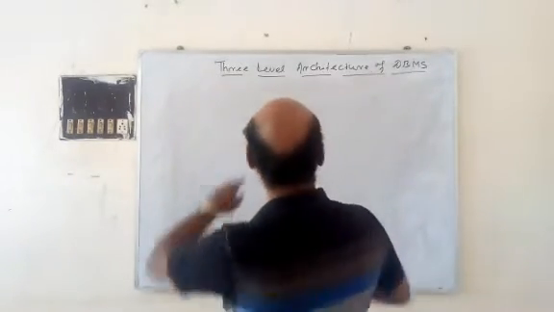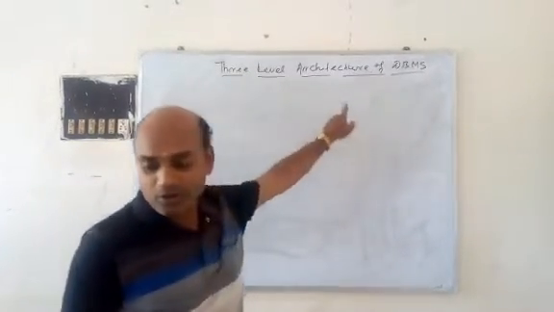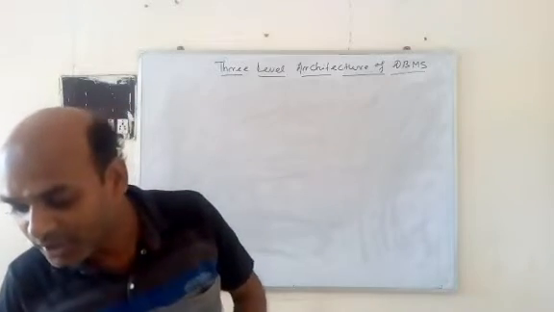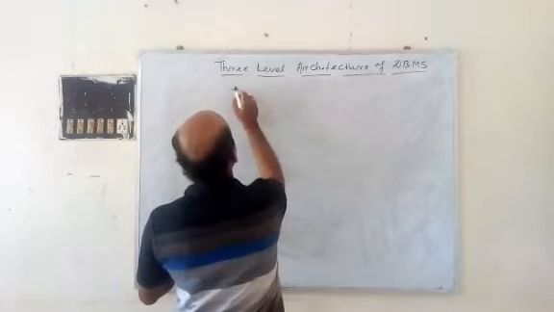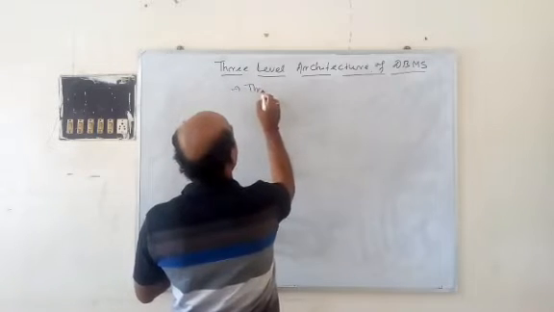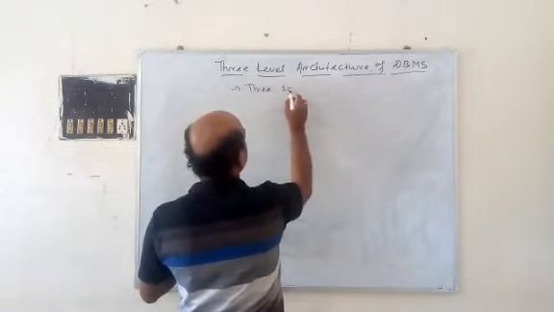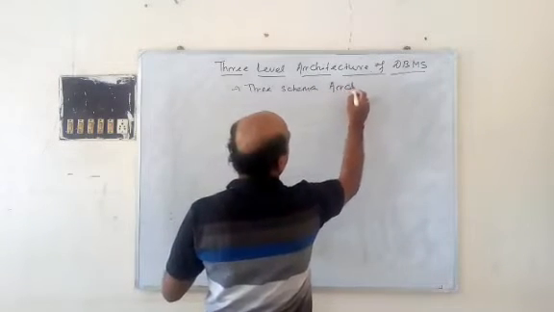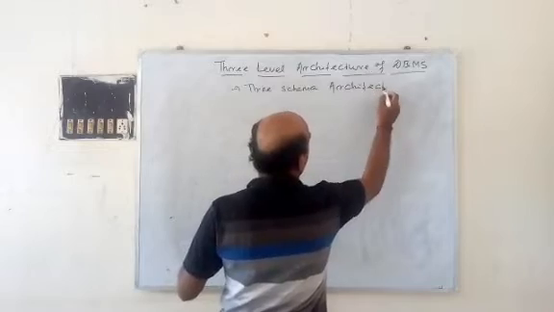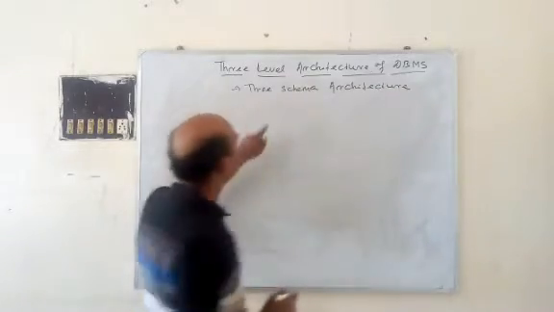This three-level architecture can also be termed as three-level schema or three-schema architecture, otherwise known as three-tier architecture.